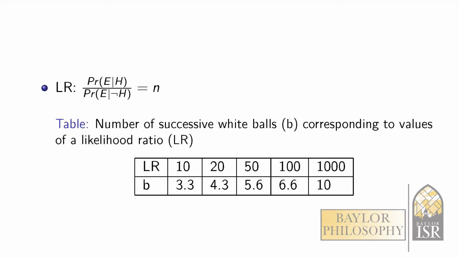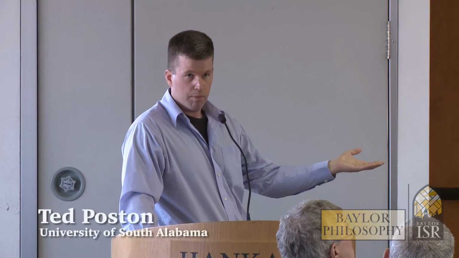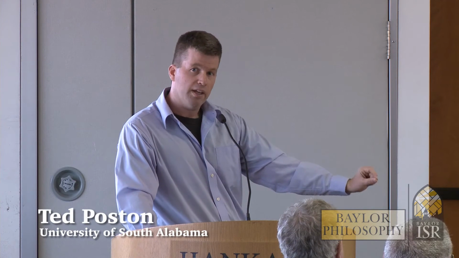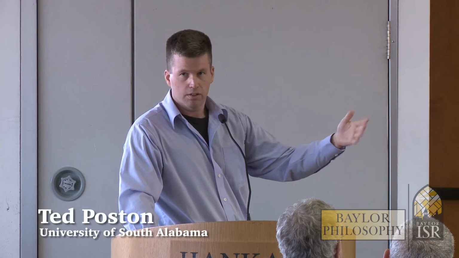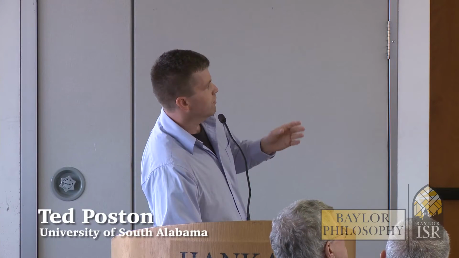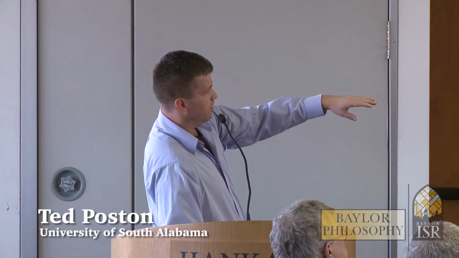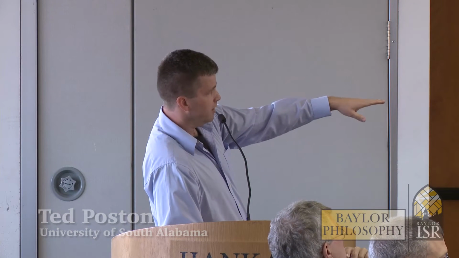And as your likelihood ratio grows, you're going to get, of course, more and more evidence that bears for that hypothesis. And then you can take that number and translate it back into the number of white balls that would be selected. For example, if your likelihood ratio is 20, that's like the selection of 4.3 white balls.